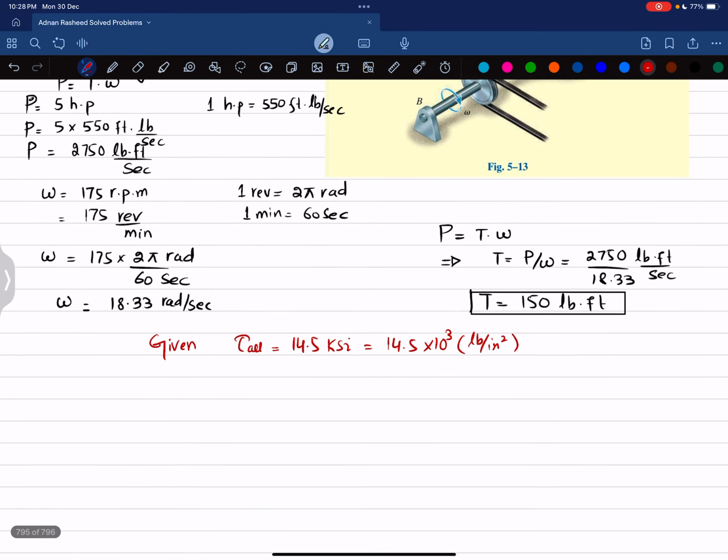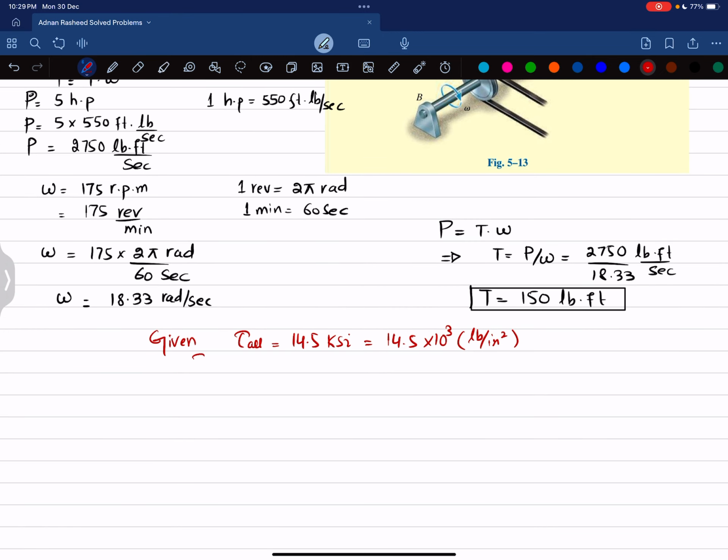And as we know, the shearing stress due to torque is equal to T into C divided by J, where C is the radius and J is the polar moment of inertia. Let this be equation number 1 and this be equation number 2. So comparing these two equations, I can write T into C divided by J is equal to 14.5 into 10 raised to power 3.